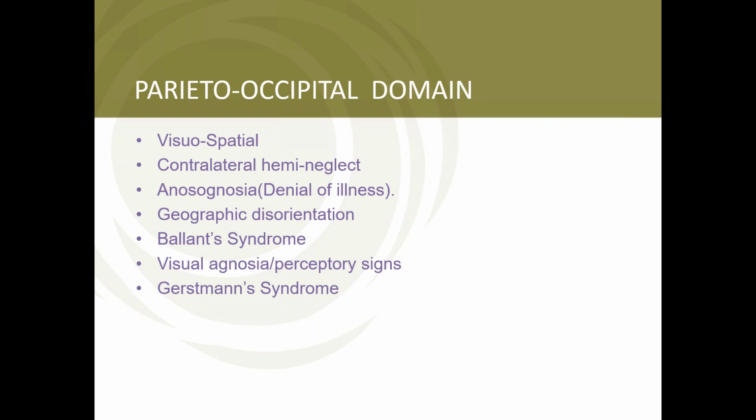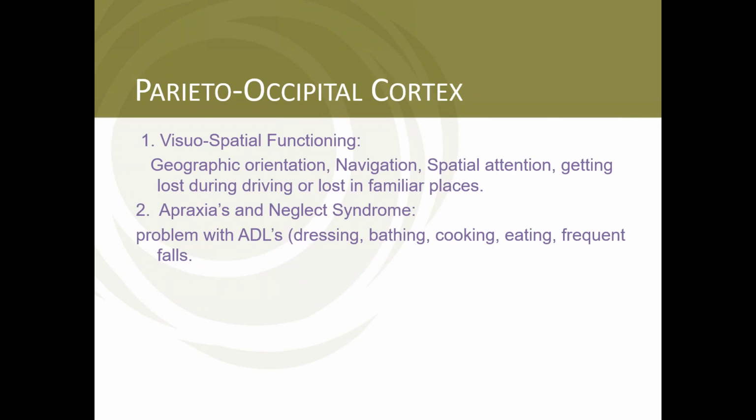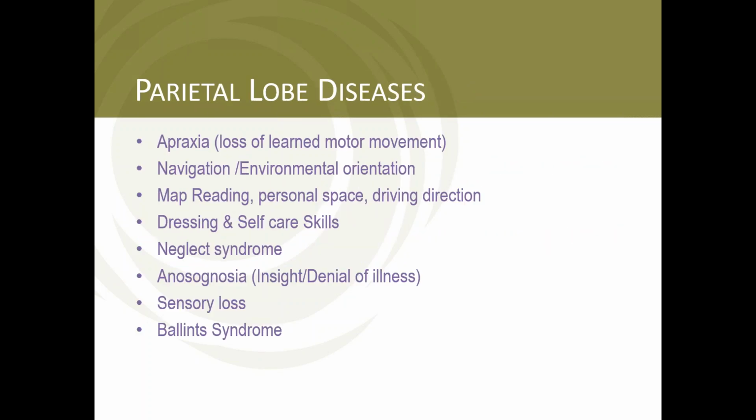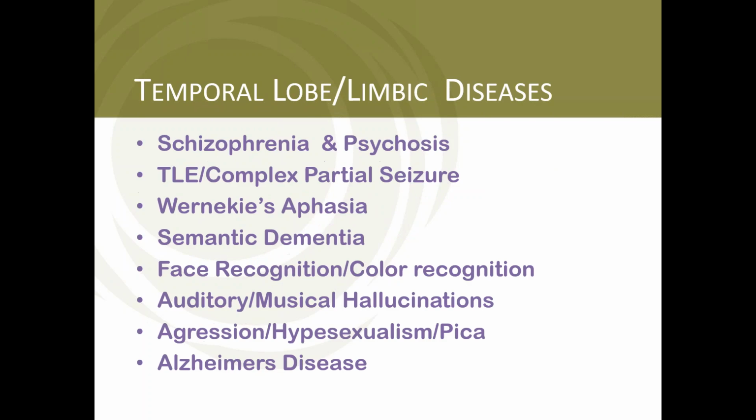So one of the other diseases, besides object agnosia, that the part of the brain called the temporal lobe causes, a lot of other diseases can also happen because of dysfunction of that part of the brain. The most common disease is schizophrenia in psychiatric illness. Schizophrenia, especially one type called mesolimbic schizophrenia. Meso means mesial part of the brain.